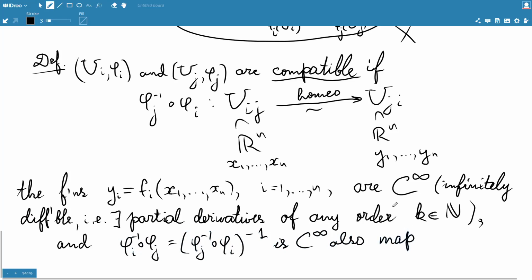So we have not only a homeomorphism, but what is shortly called a diffeomorphism. So phi_j^-1 composed with phi_i is called a diffeomorphism.